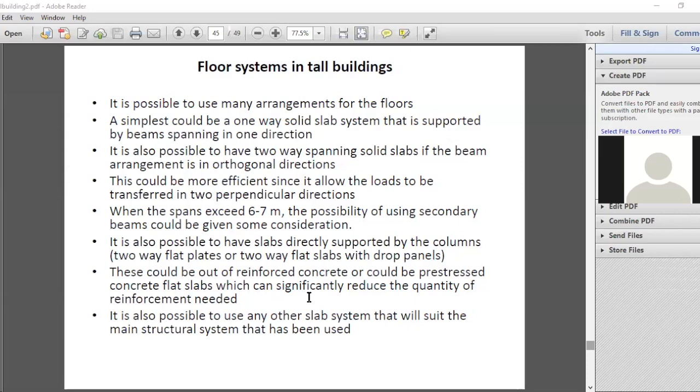And in addition to that, if you want, you can actually use these steel decking systems where you have the steel deck supported on the steel beams, and then you'll need only a thin concrete where even the steel deck can be considered to act as a reinforcement.